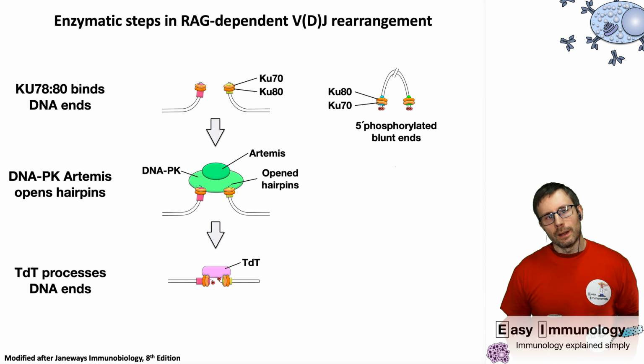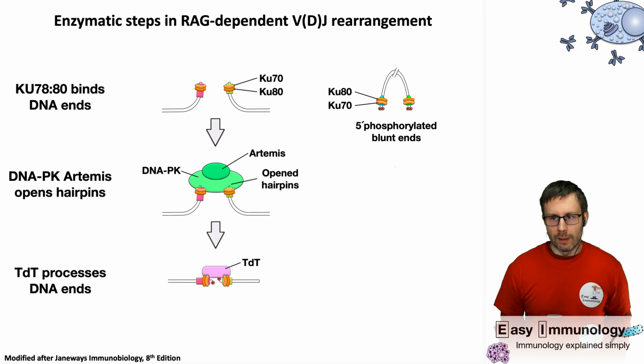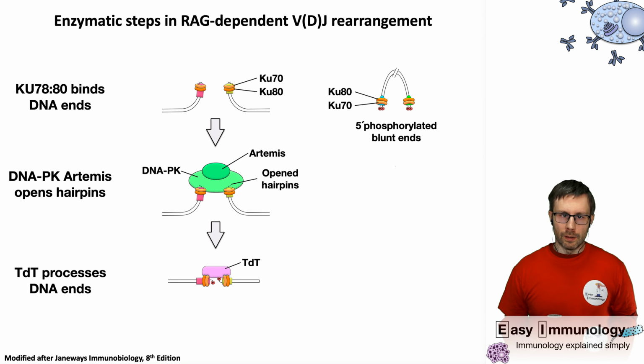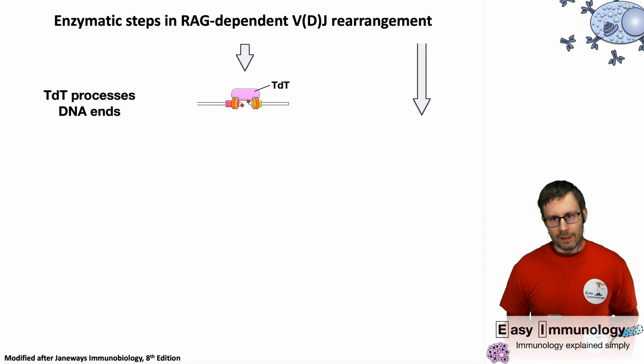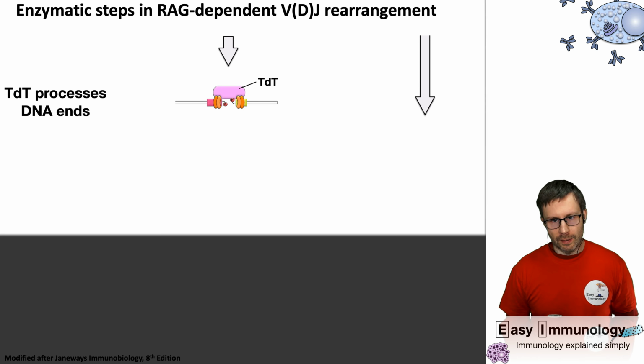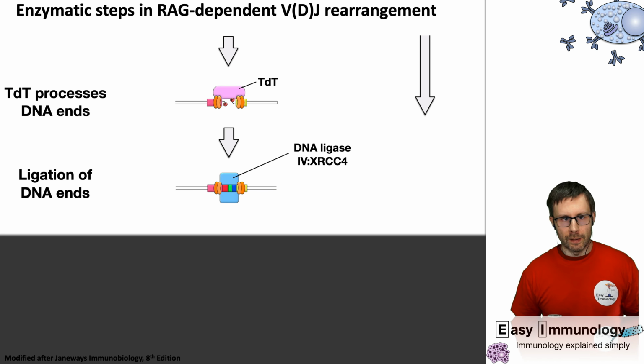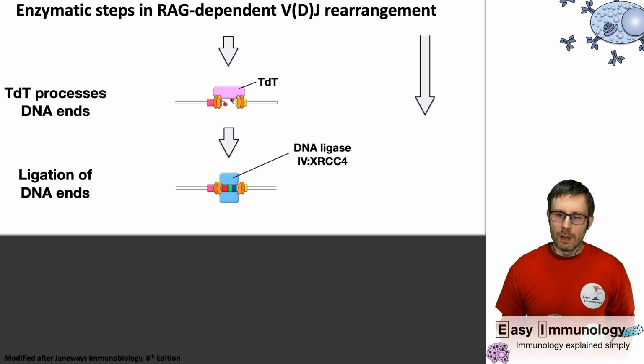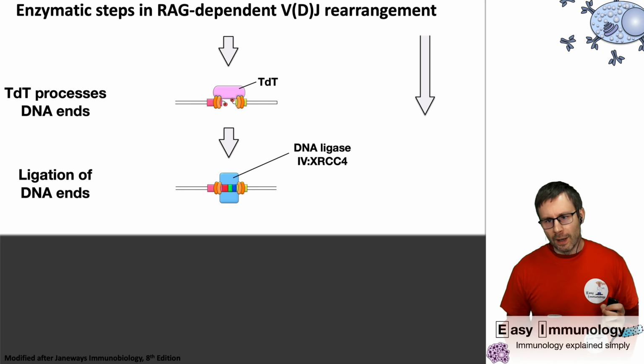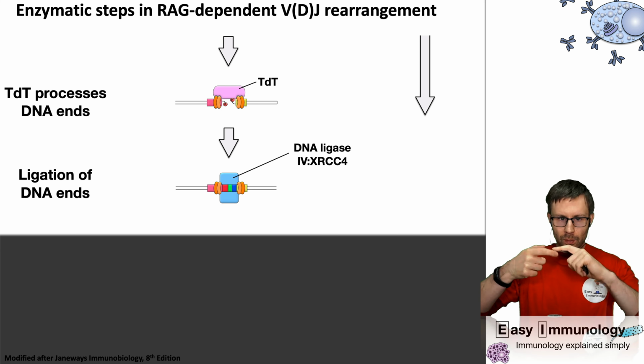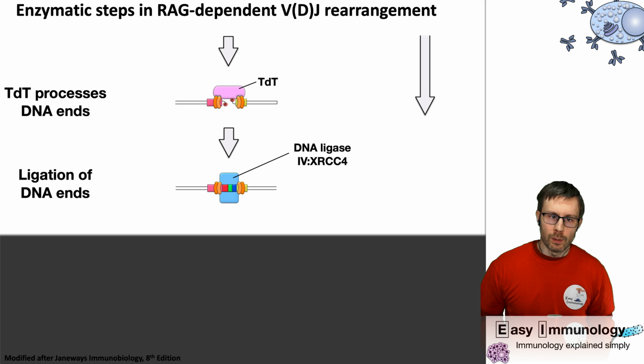And with the other segments, with the RSS, nothing happens. So let's just put it on the right side so that we do not lose it. Then this TdT molecule processes the DNA ends. It puts them together. So it connects the pink V segment with the yellow J segment and ligates the 2 strands together again.